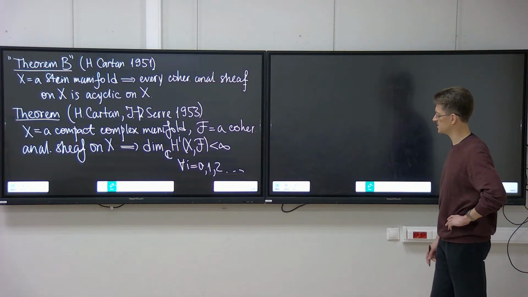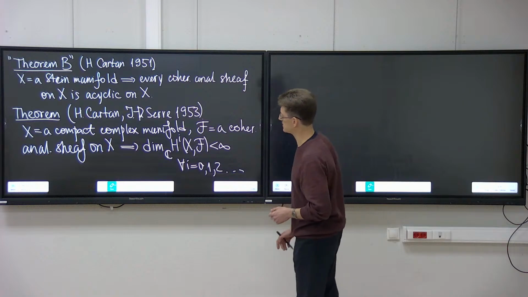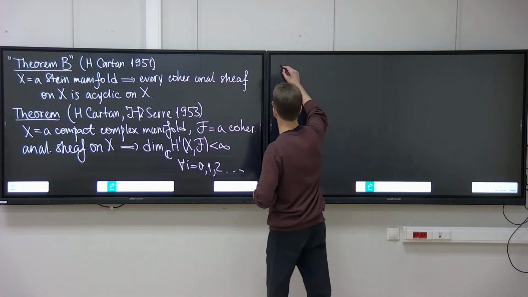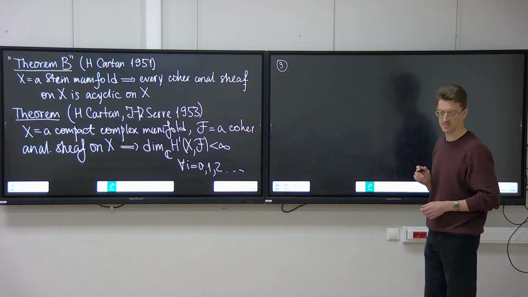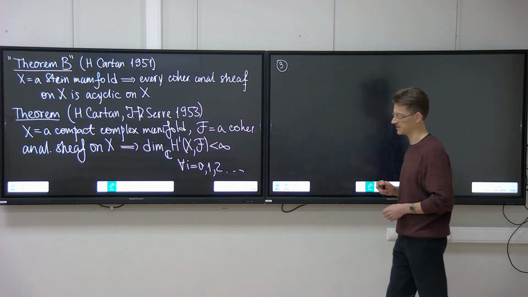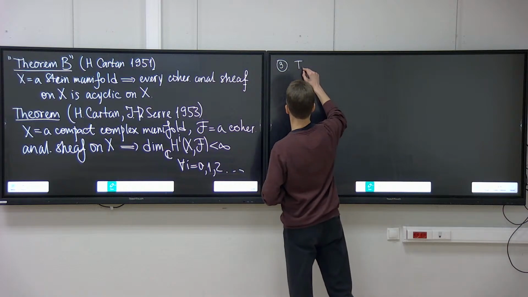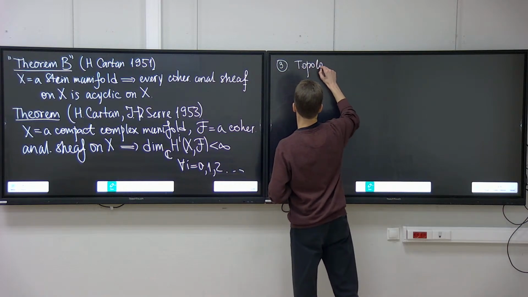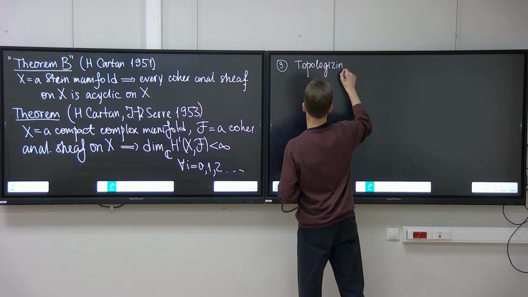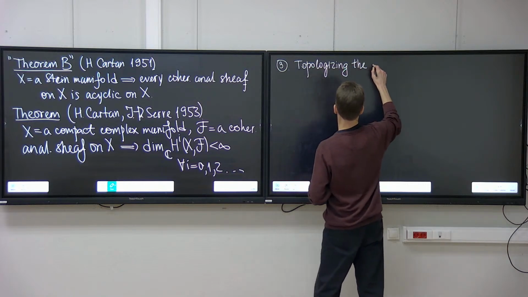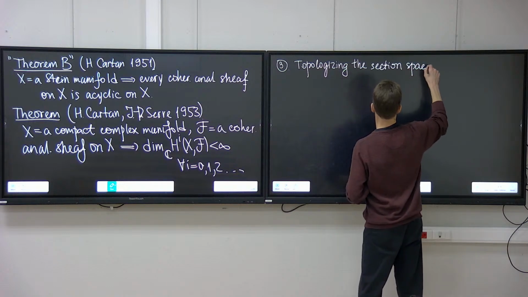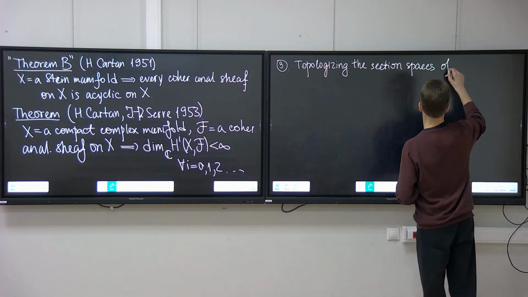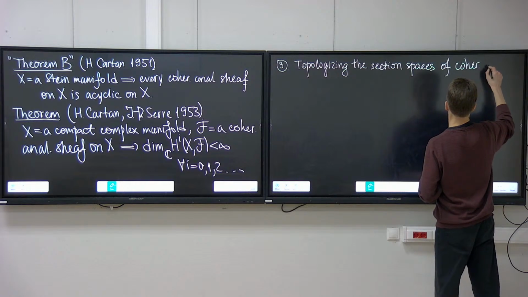And before we can prove this, we need some preliminaries. So part 3. First of all, we want to topologize the section spaces of coherent analytic sheaves.